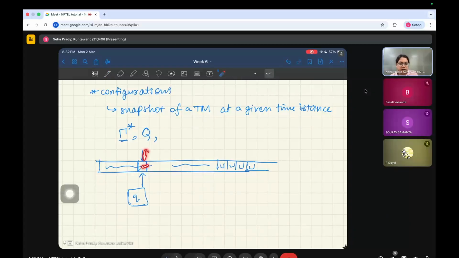Which cell were you at? I'll call it i. So these three things together tell you the configuration of a machine.